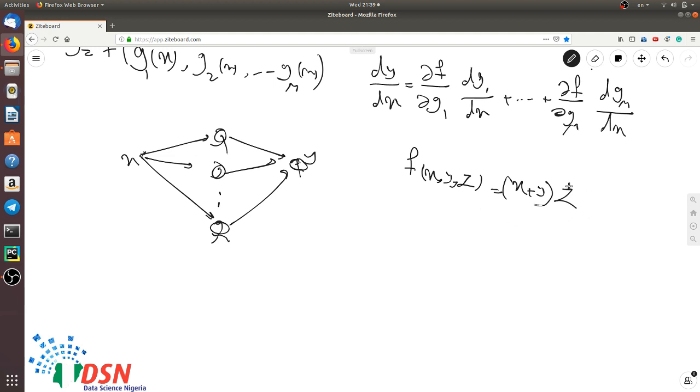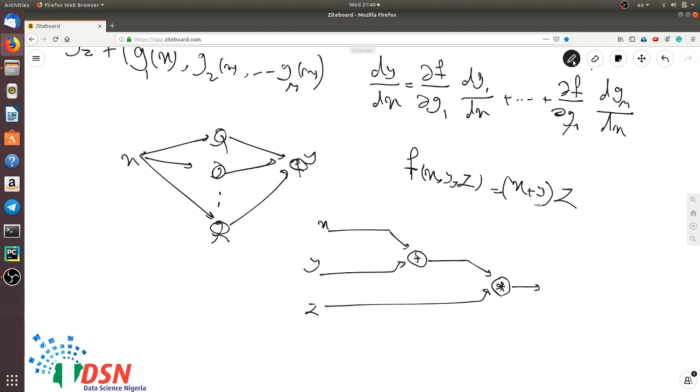We could actually show this by a graph. So we have x in here, we have the addition operation in here, we have y in here, and after that we multiply by z to get the output.